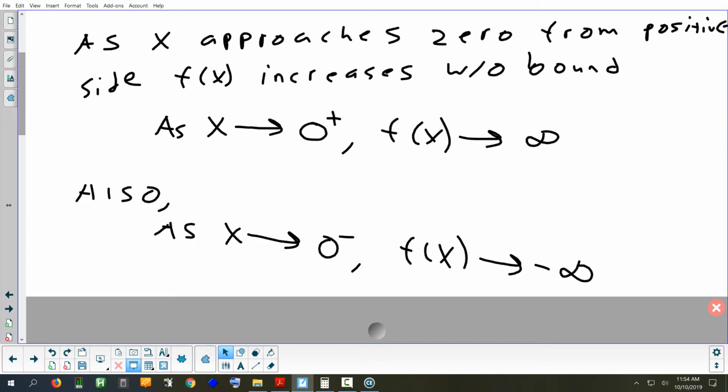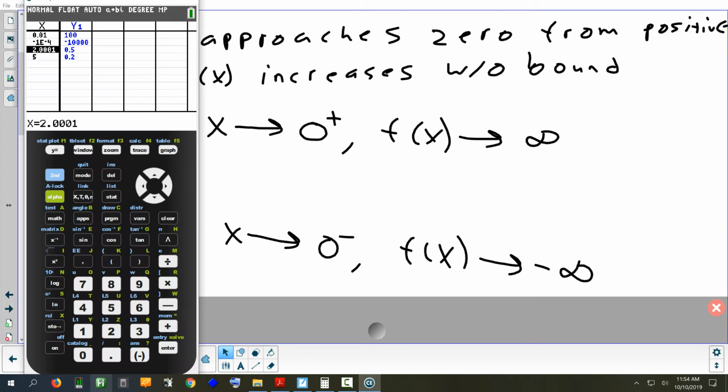As you approach 0 from the negative side, or from the left, your y value goes down. I plugged in negative 0.0001 and I got negative 10,000.